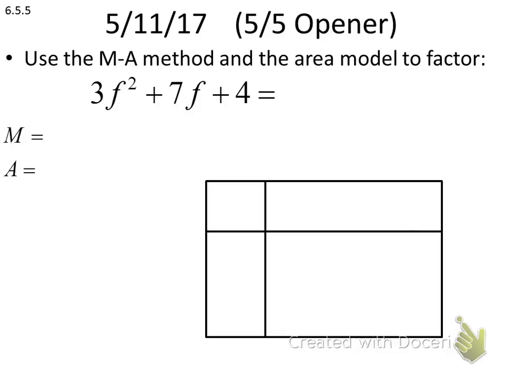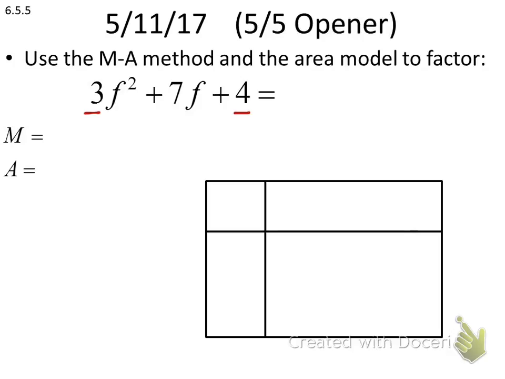In order to determine the M, what do you need to do, Paige? Use the first one and then the third. Coefficient. So you're going to take the first coefficient and the third coefficient. Remember, coefficient means just the number, nothing to do with the variable.